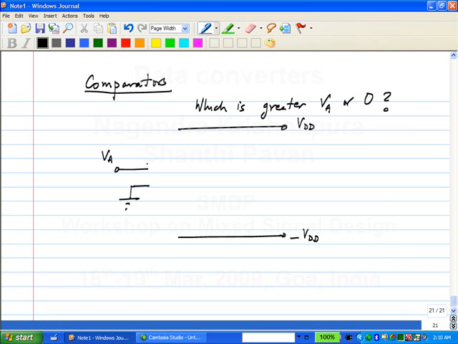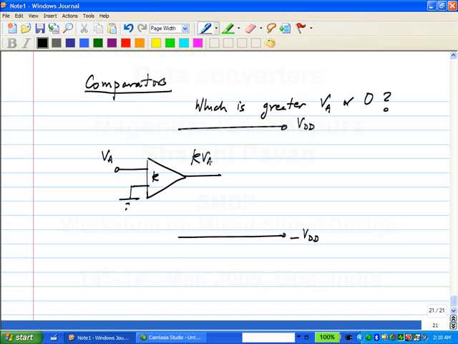So the one thing that comes immediately to our mind is you amplify this. This will give you some gain, let me call this not A but K. This will give you K times VA, correct?